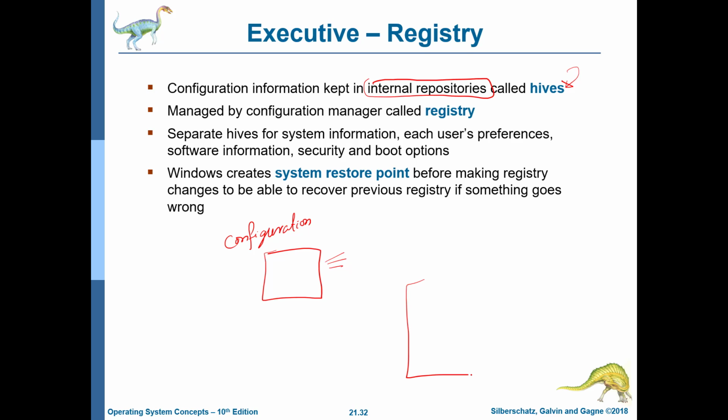And we have just one centralized data structure called a registry, which has all of this information for every software, and not just that, it has information for devices, for their drivers, for, as we have seen, running software, hardware information, OS information, all the configuration information that is there in the system, which includes system information, user preferences, application preferences, which we call software information, security options, boot options, all of that is stored in the registry.